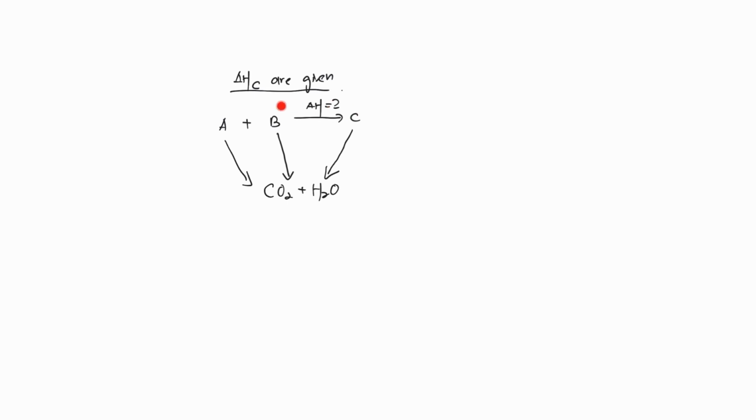After constructing this simple cycle, when we are moving into calculation, we have to reverse this arrow and change the sign of the enthalpy change here to make sure it has a nice flow pointing to the product of the reaction that we need to find.